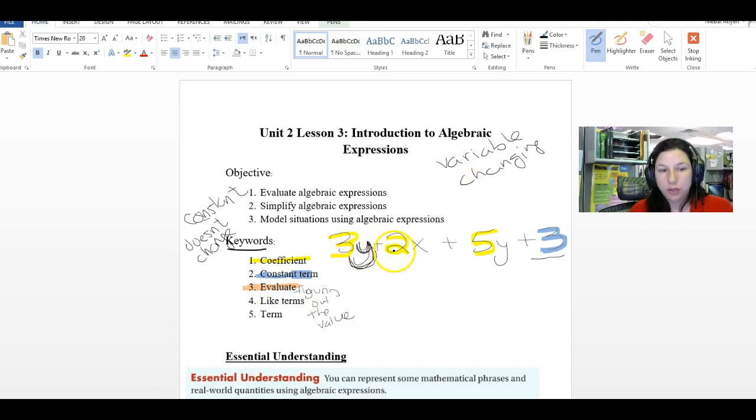So when you're evaluating, you're given a value, and then you're going to substitute that into the equation. For example, if I say y is 2 and x equals 1, now I can evaluate it. The y value is a 2. The x value is a 1. The y value again is here a 2, and then I'd add 3. And then let's open up my calculator.